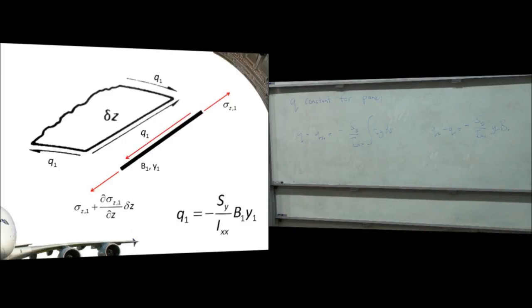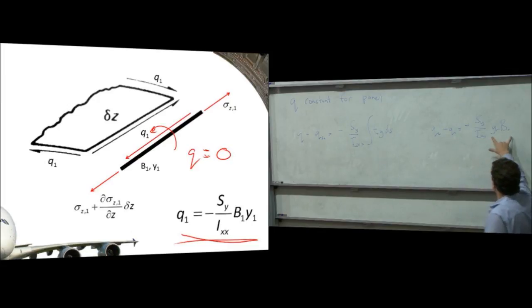So if we cross boom 1, we go from having q equals 0 out here in space to working out what q1 is. When we cross that boom, we can work out q1 is here. That's the formula there.